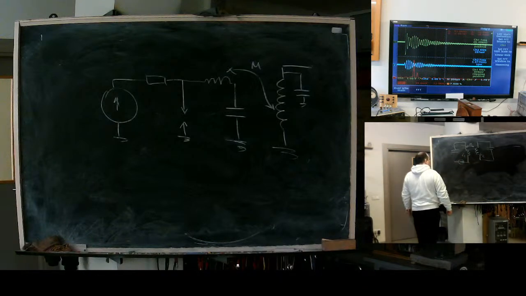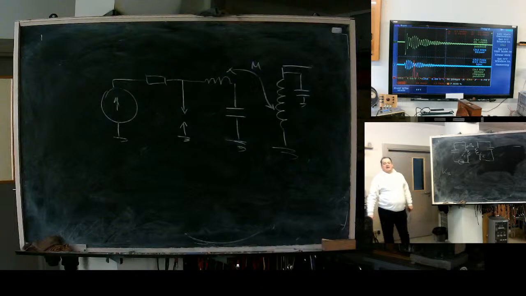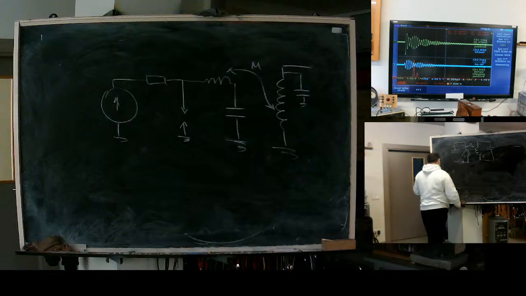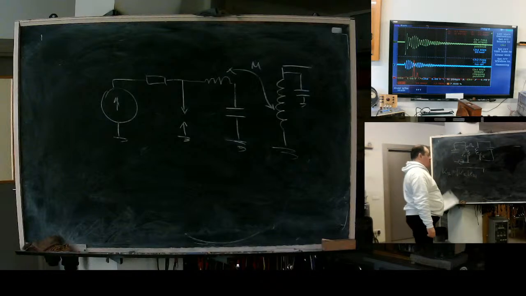So, the coupling itself can be characterized by a coupling factor. I will use S for this coupling factor. It's the square root of K12 times K21, which are voltage transfer factors.